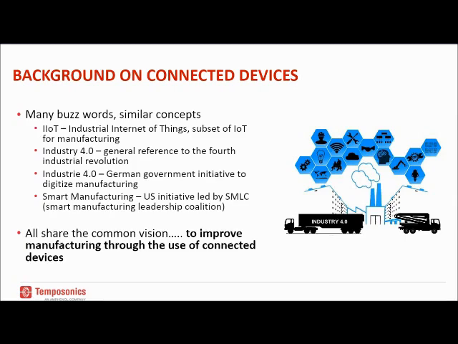Industry 4.0 refers to the fourth industrial revolution that we've had. Starting with the first industrial revolution, that was just machines working to produce product. The second revolution was mass production, being able to take multiple machines working together to build different items.